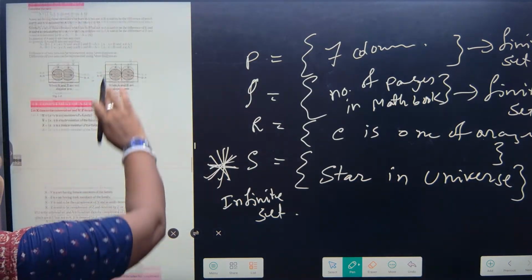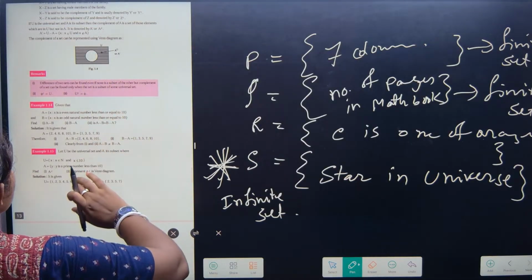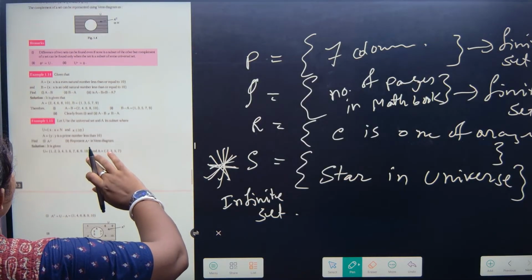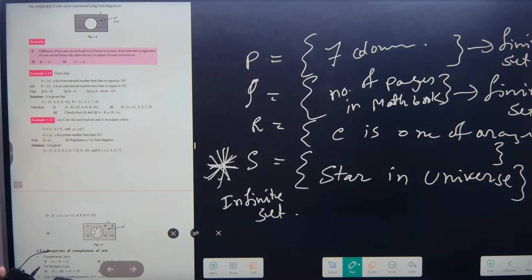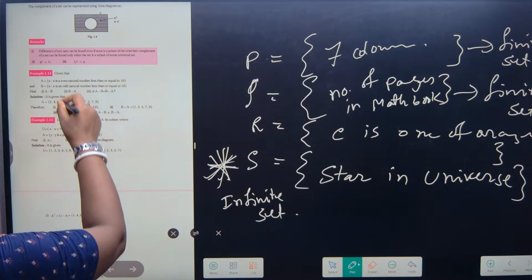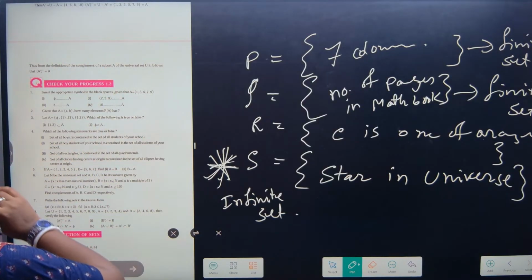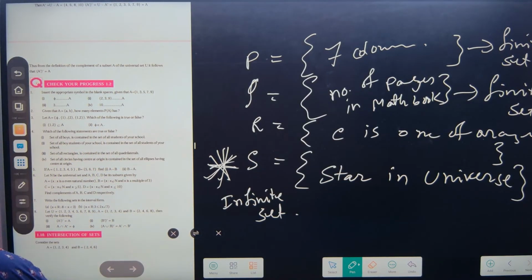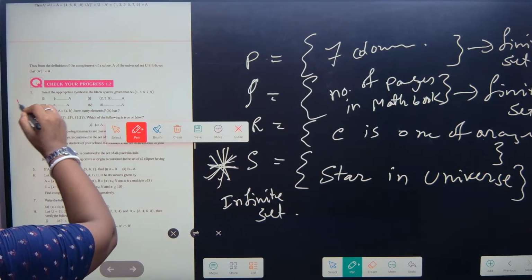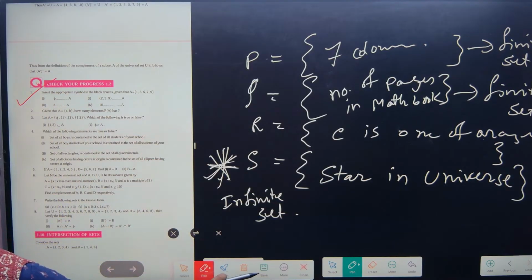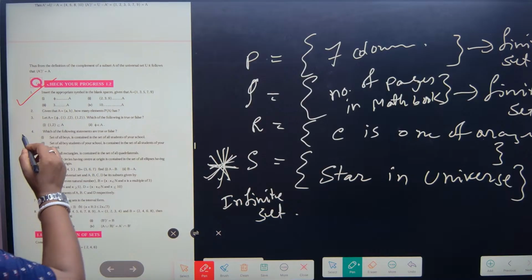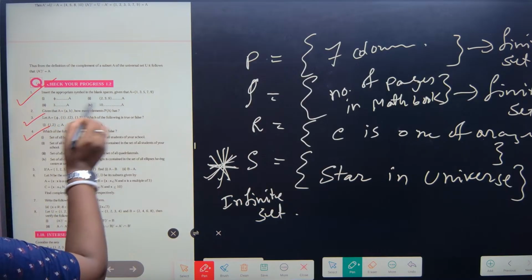So from this, practice all these questions. All of this, from check your progress. Solve all of this, true or false. This one, this also. How many elements?